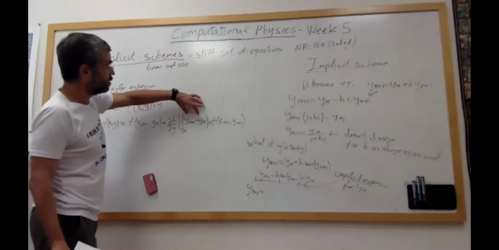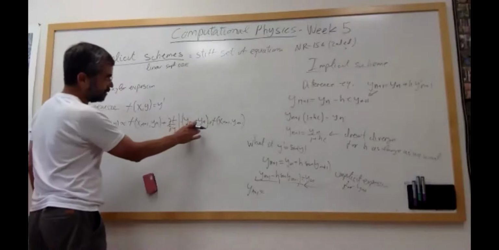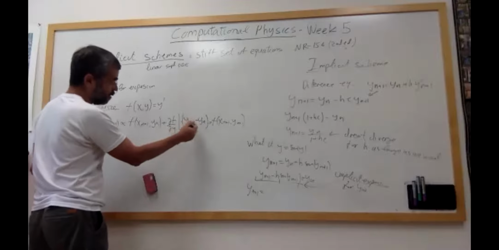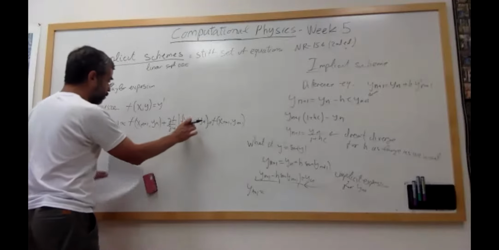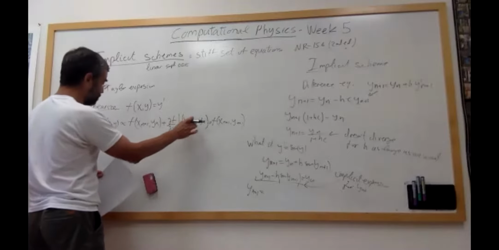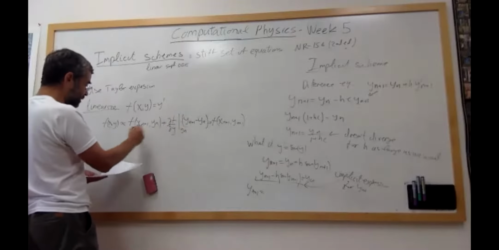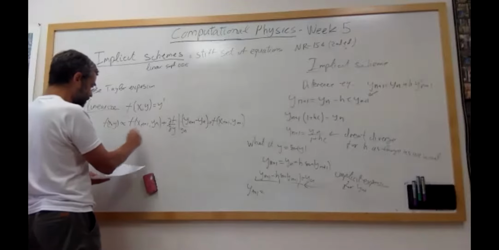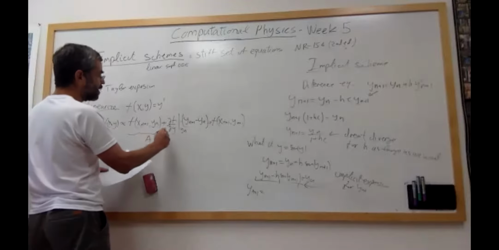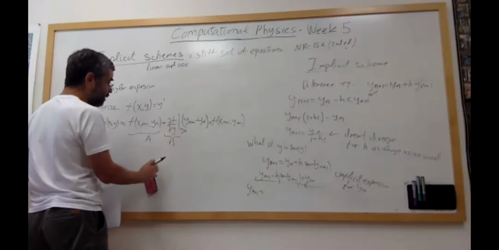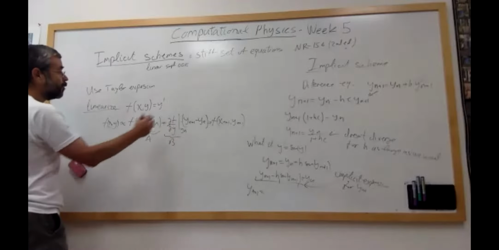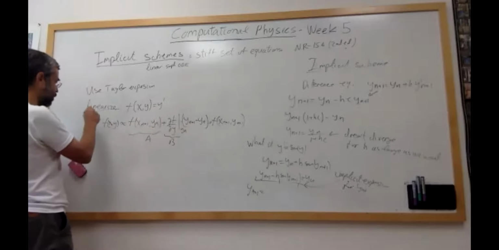And this is now the difference in the solution, which is unknown, but we can calculate these coefficients. So let's call this thing A. We can calculate this derivative at y. Let's call it B.